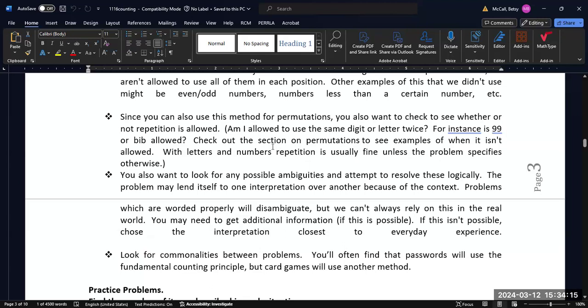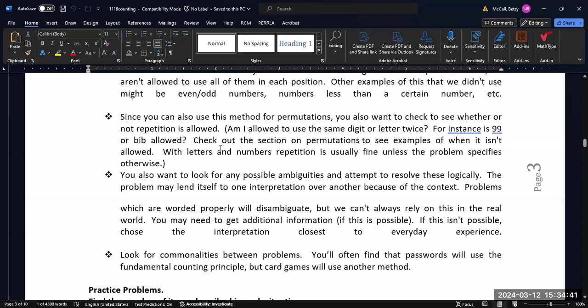But you also want to check to make sure that repetition is allowed. Permutation problems do not allow repetition, and so you would have to modify the way that you set this up if repetition is not allowed. So are you allowed to use the same digit or letter twice? For instance, in our third example, is BIB allowed?